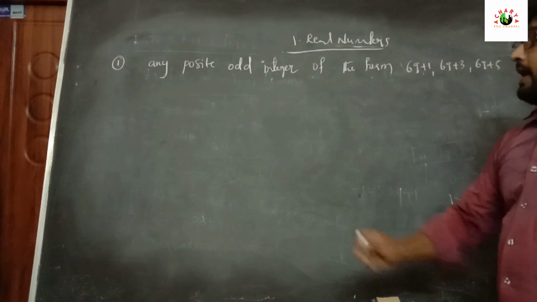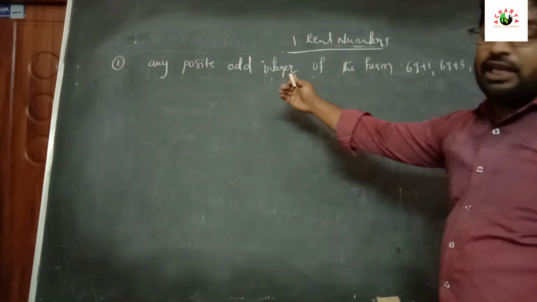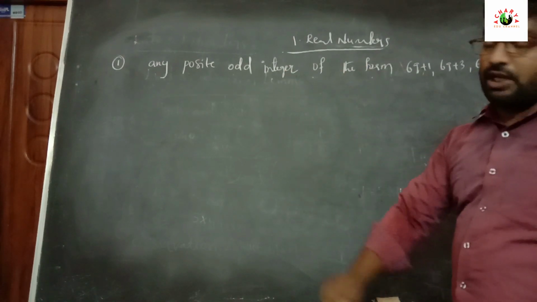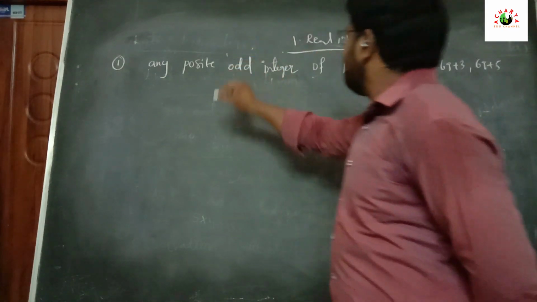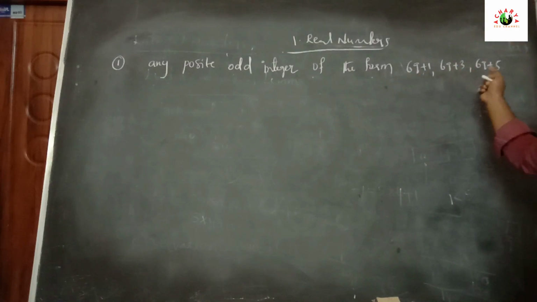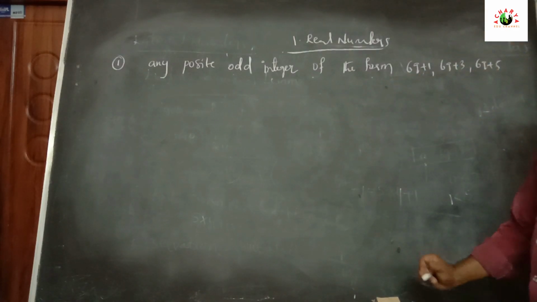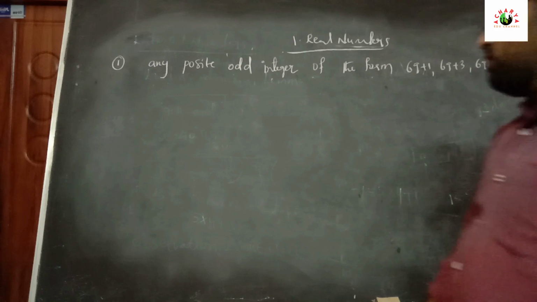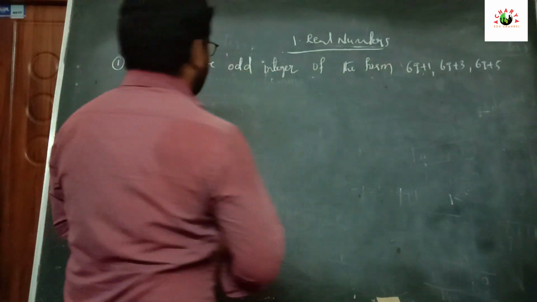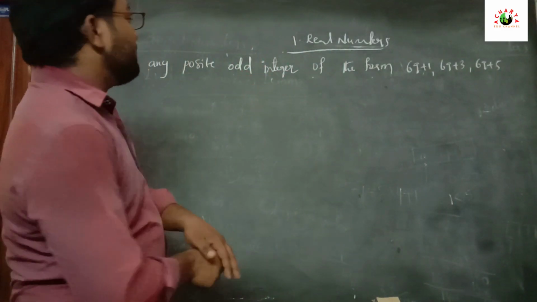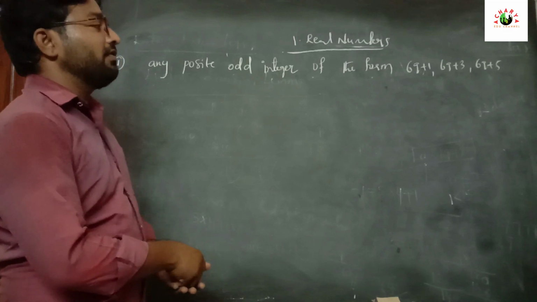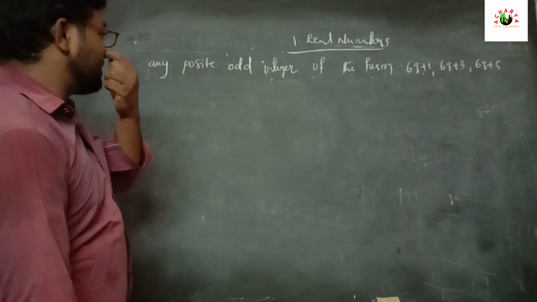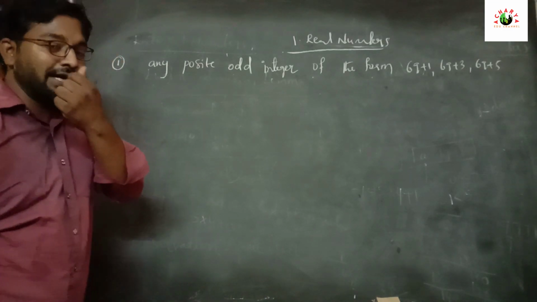So here, show that any positive odd integer is of the form 6q plus 1, 6q plus 3, 6q plus 5. Now by using Euclid's division lemma, we have to prove that any positive odd integer is of the form 6q plus 1, 6q plus 3 and 6q plus 5.